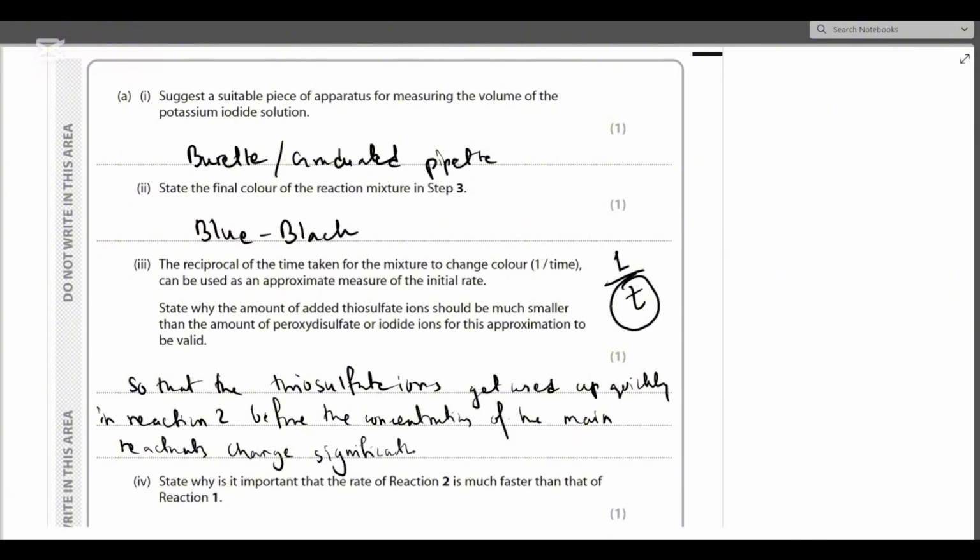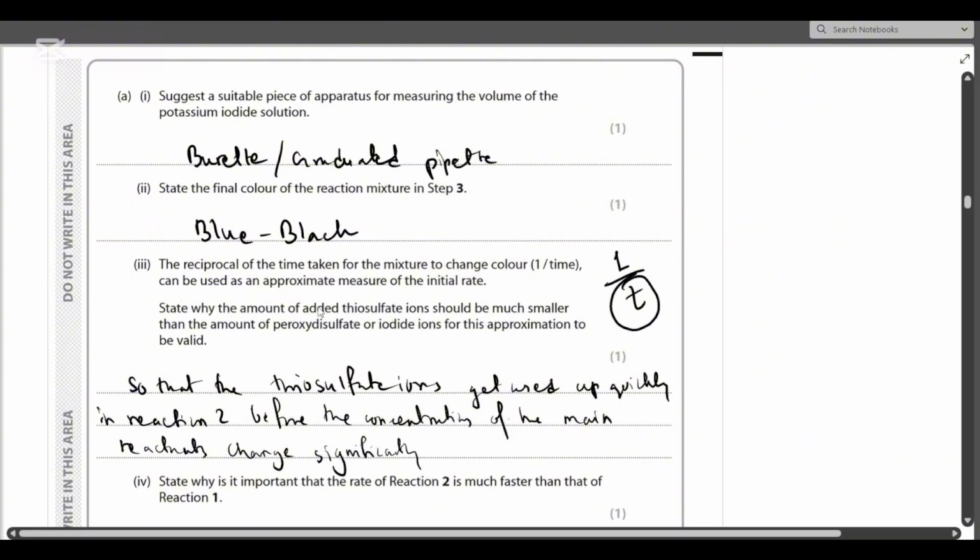So the whole point here is to measure the time taken for the mixture to change color.